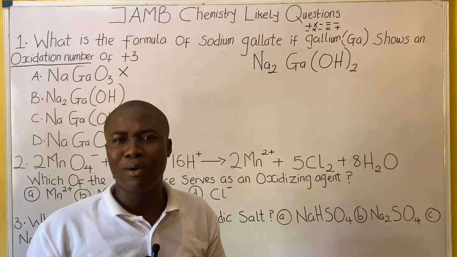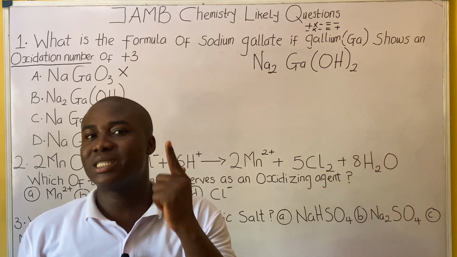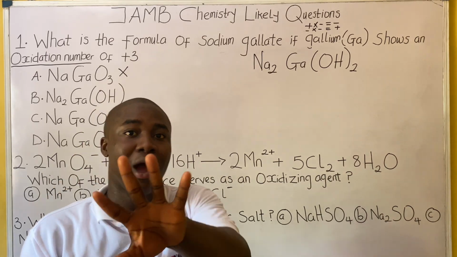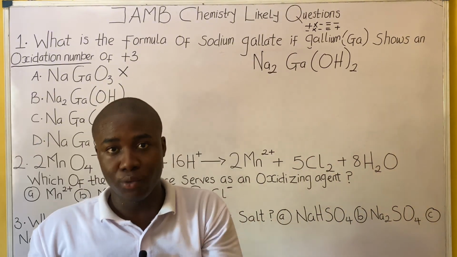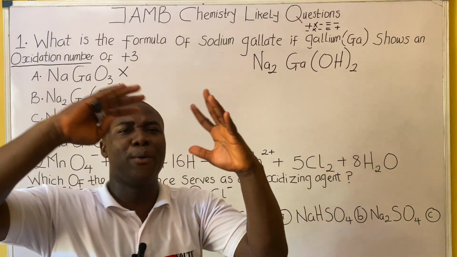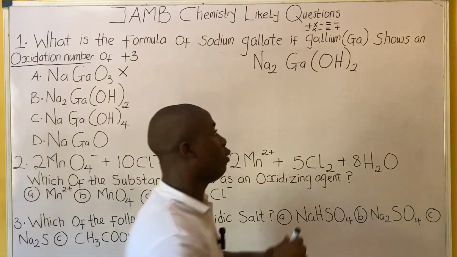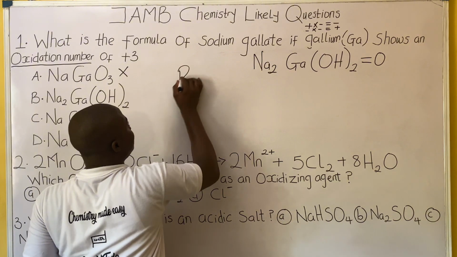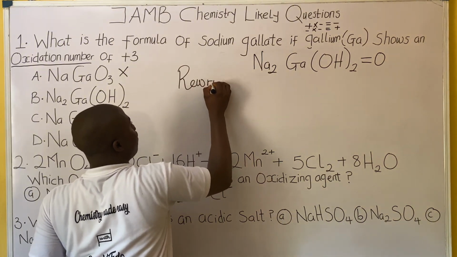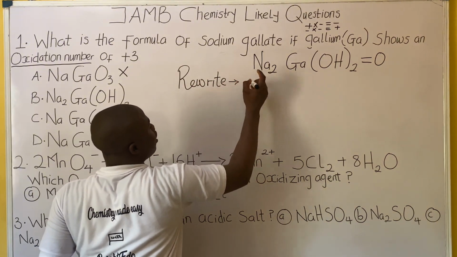Whenever you see a compound with a bracket, try to simplify it so that it will be easy for you. And before we do that, we have to follow the rule I told you: for a compound, the algebraic sum of the oxidation numbers is equal to 0. But we are rewriting this, so let us rewrite before we calculate the oxidation number of gallium.